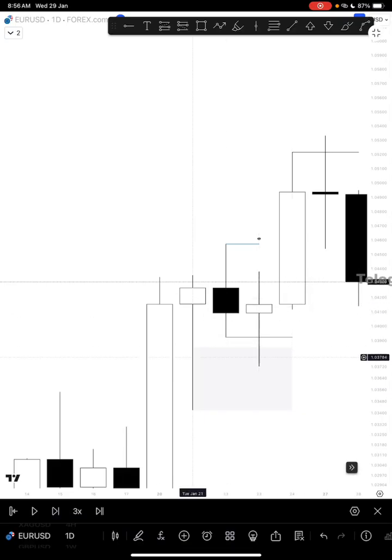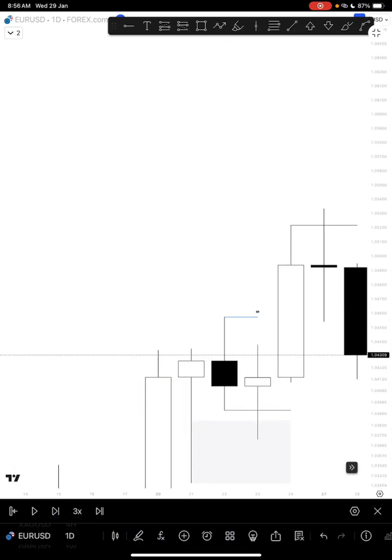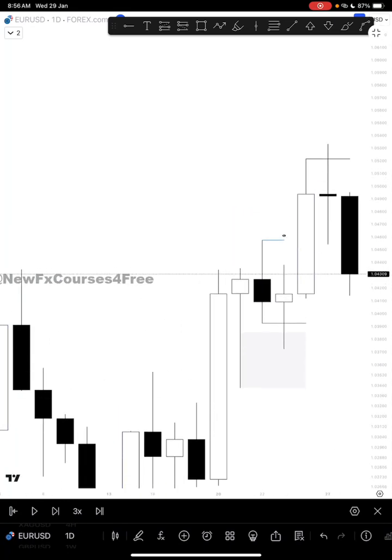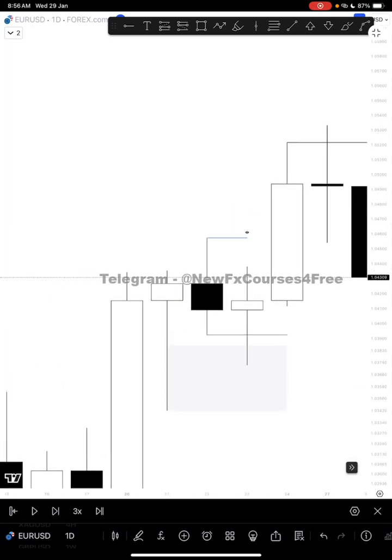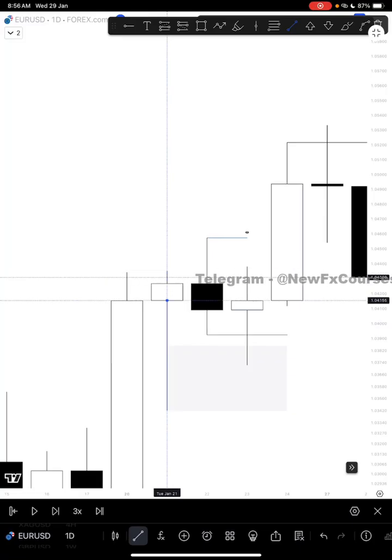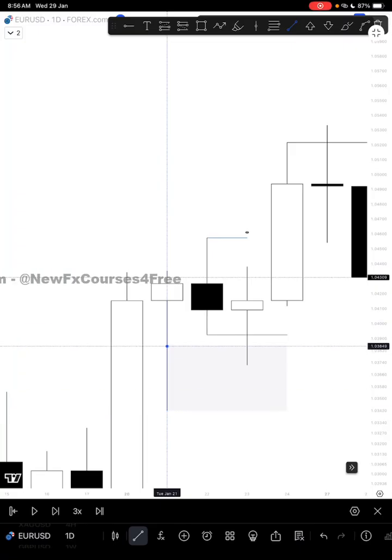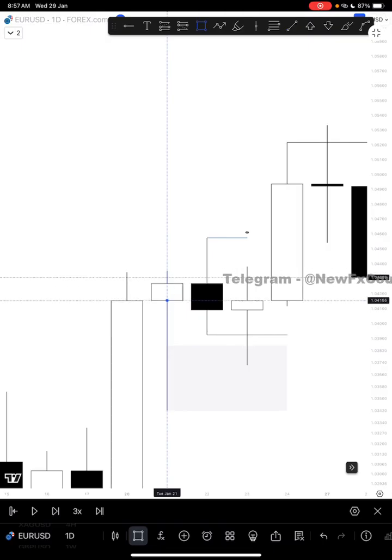You can see this long wick here. This long wick here is actually a rejection block. And what actually happened, if I measure this high to the low of this rejection block, this is actually the midpoint. Let me just measure it for you guys to see.